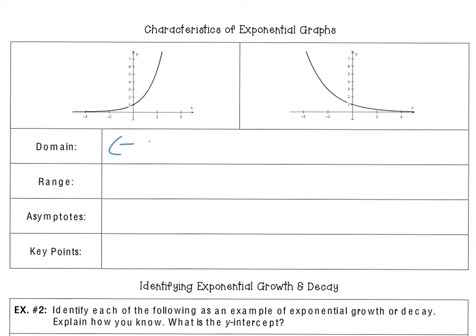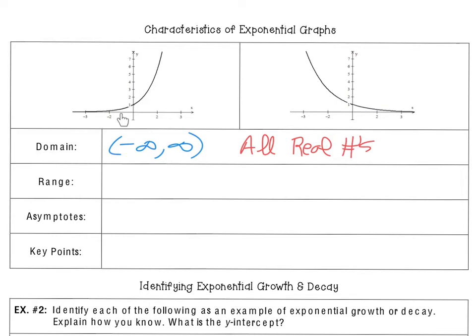So our domain is unrestricted, negative infinity to positive infinity, which means it's all real numbers. And it doesn't matter whether it's exponential growth or exponential decay, we still have a domain of negative infinity to positive infinity.